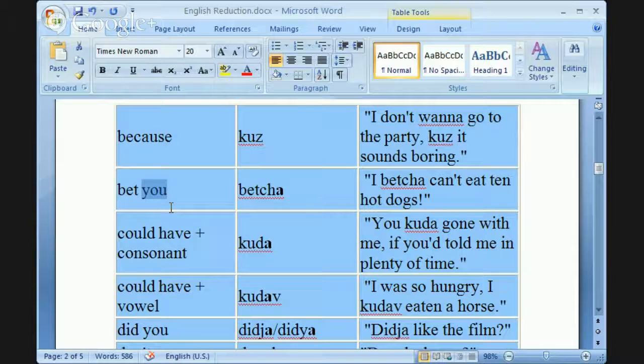Okay, here I want to point out one more thing. "You," spoken by itself, has a W sound on the end in the dictionary pronunciation, which is a consonant sound. So we often reduce "you" because you say "you" a lot in English.